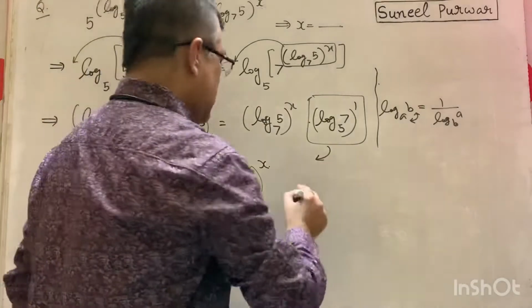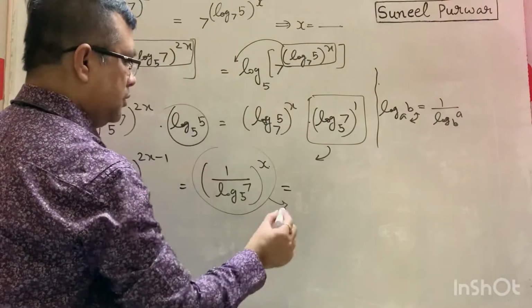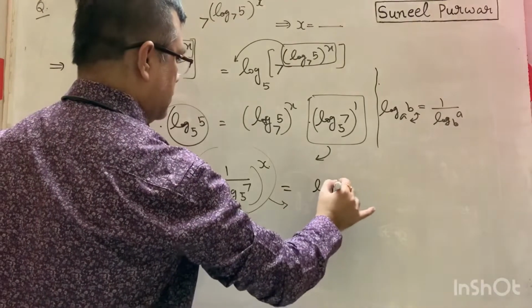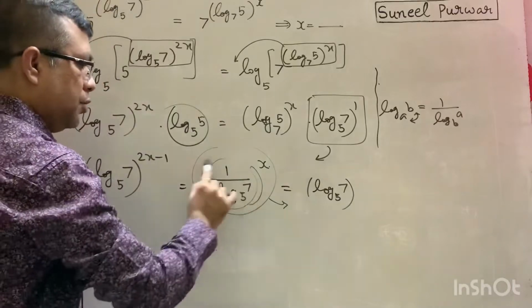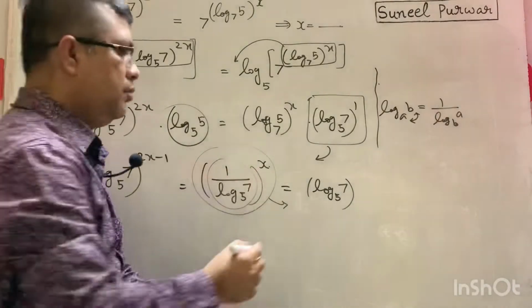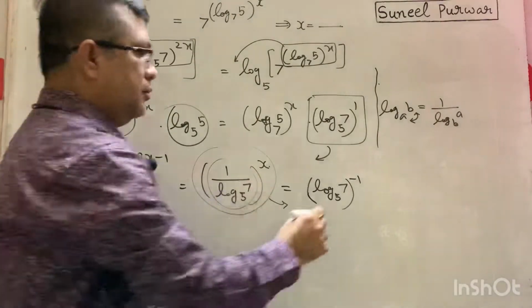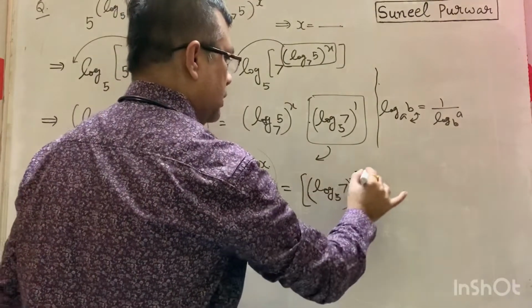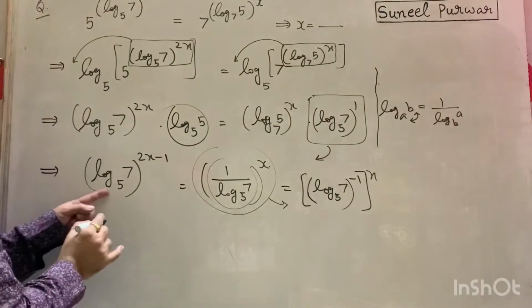Now, this quantity we can further rewrite as log of 7 to the base 5, 1 upon this you can write as this number power minus 1. And further whole power is x. So you see what's the situation here?